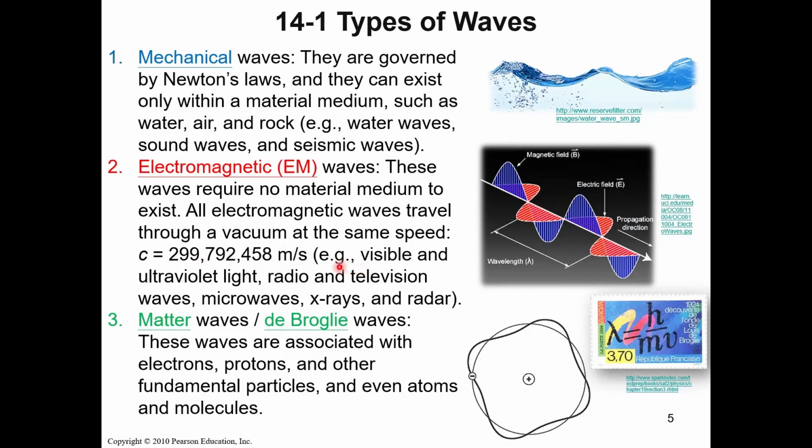So there is a spectrum of electromagnetic waves. The region that's visible to us, the region that can be seen by eyes from red to purple, is visible light.